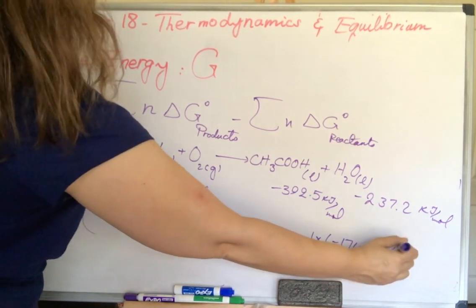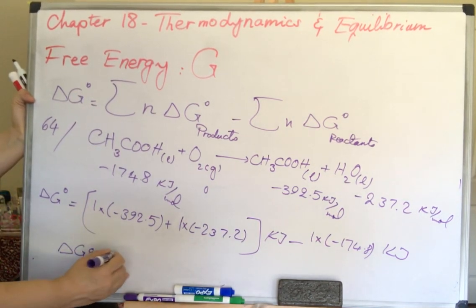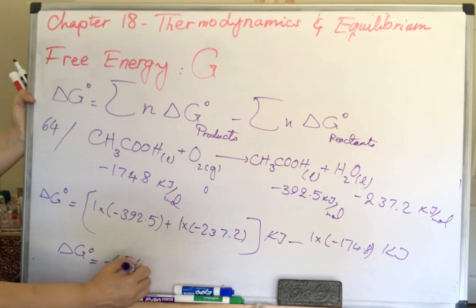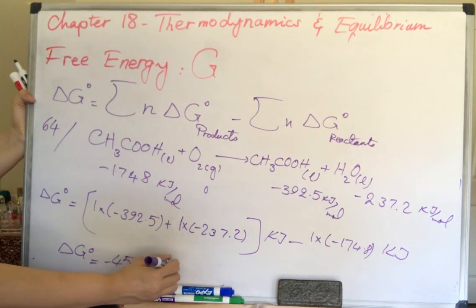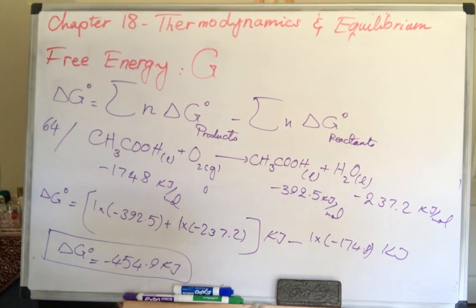So delta G standard is going to be minus 454.9 kilojoules. You see, the same thing you found in the previous example.